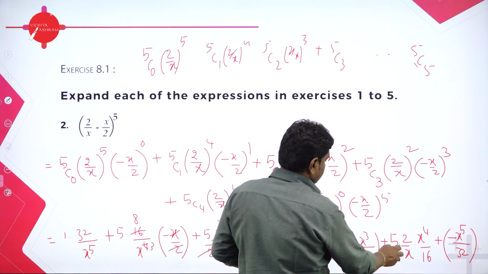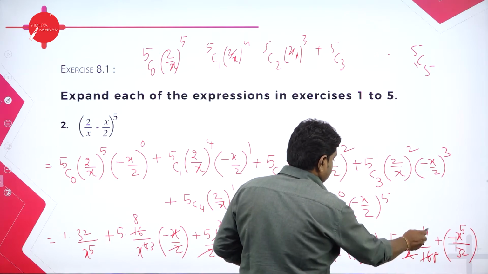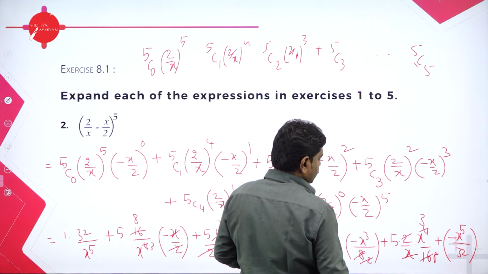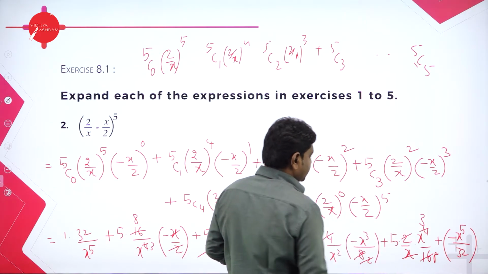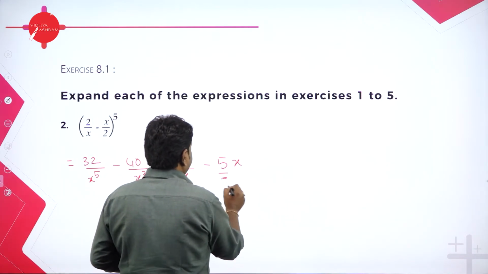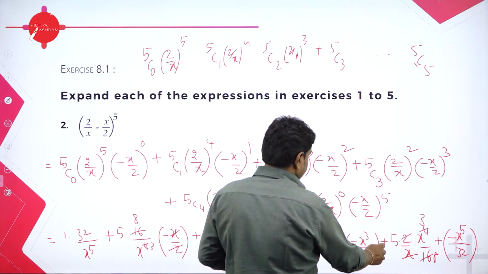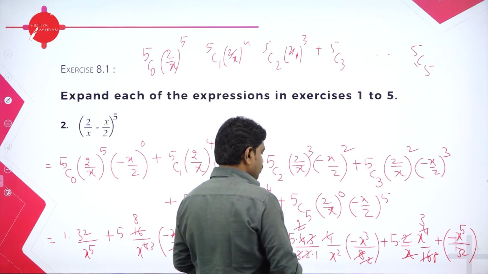Then 5 into 2 1s are 2, 8 5s, and here x and x cube, so we are left with 5 by 8 x cube, and this is negative, then positive 5 by 8 x cube, sorry, 5 by 8 x cube positive.